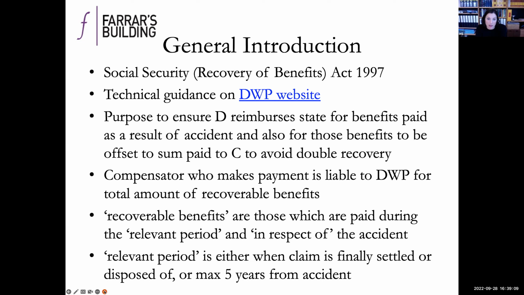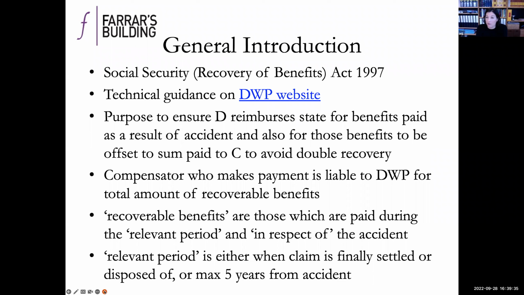Now, in terms of who needs to make that payment, a compensator is the terminology used in the Act. A compensator who makes a payment is liable to the DWP for the total amount of recoverable benefits in the certificate produced by the DWP.